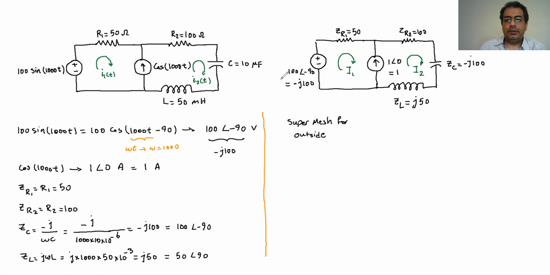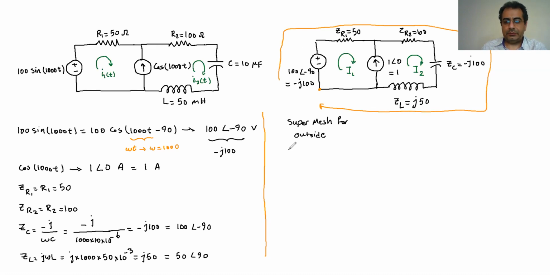So if I consider I started from this corner here and I assume this is going to be my mesh all the way back. If this is going to be my supermesh, so write the KVL there.